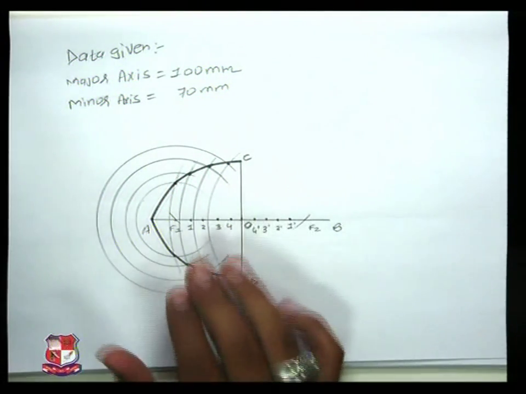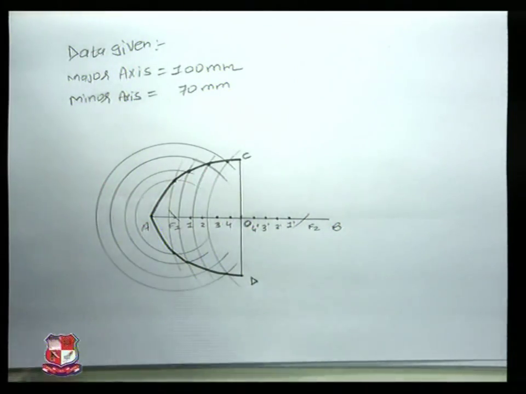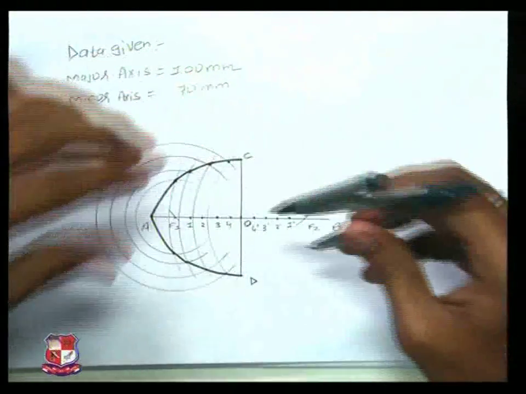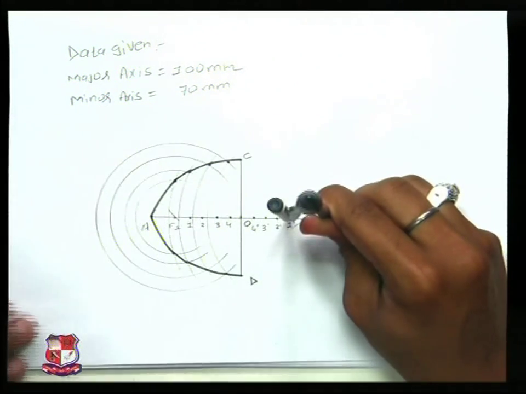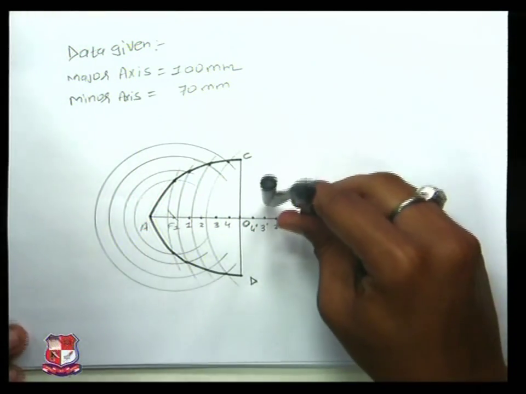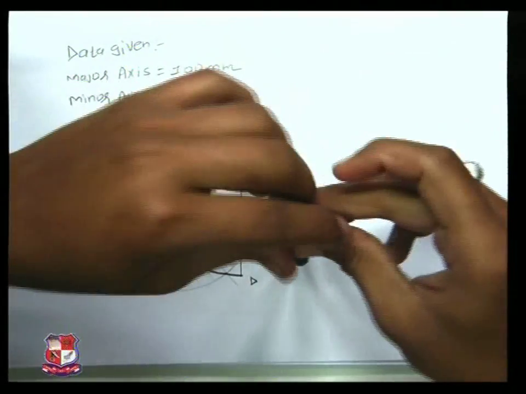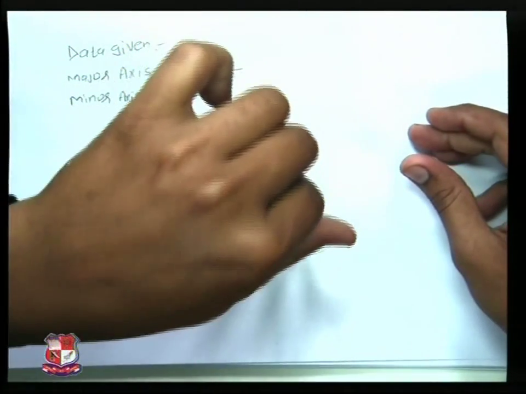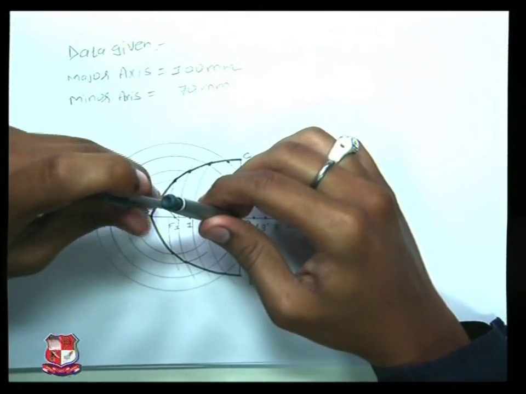The same procedure we will repeat on the other side. How? Let's see. B1 dash as radius, F2 as center. Draw an arc.